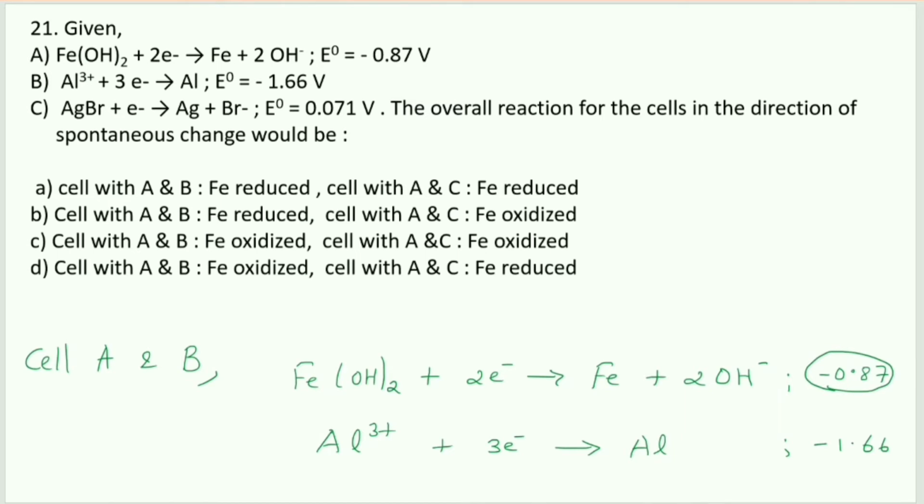So taking it as E right or E cathode, the standard EMF E0 equals E right minus E left, which is minus 0.877 minus (minus 1.66) volt, equal to 0.79 volt.